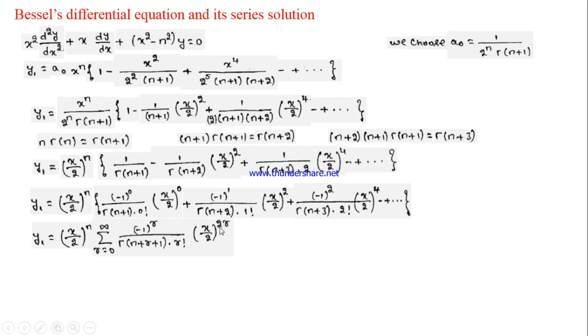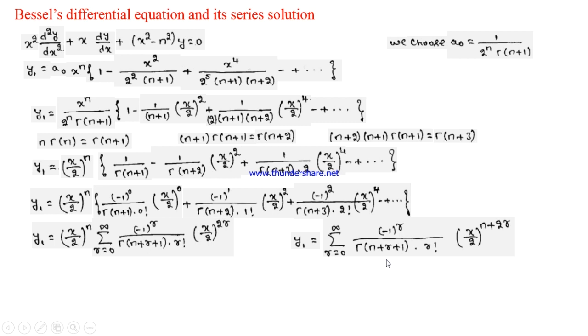Multiple of 2. So x by 2 power 2r. Also x by 2 power n is a constant with respect to the summation, and you can take this inside the summation to have it as x by 2 power n plus 2r. And you can note this is the solution corresponding to first root of the initial equation.